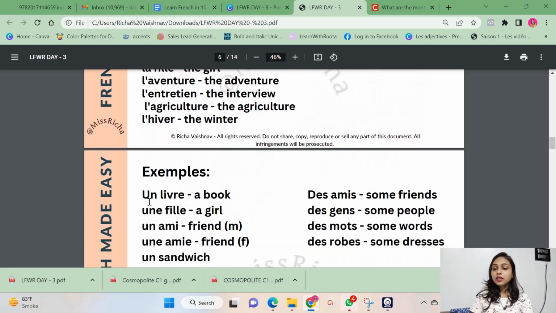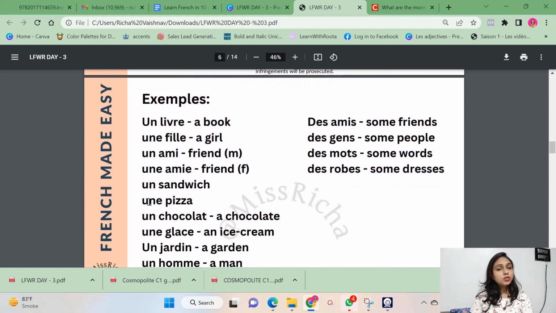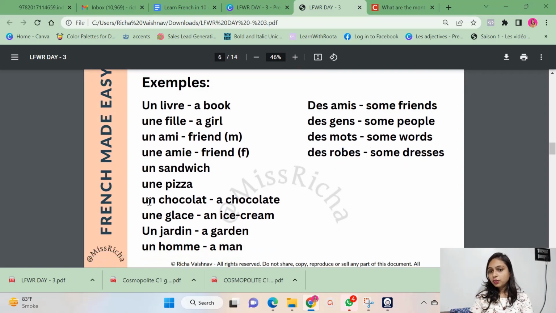Understand? So as a beginner, this is what I also have done. Whenever I used to learn the nouns, I always ensured I learn them with the indefinite articles, just so that I know whether it's une or un. Okay, just to avoid confusion, whether it's une livre or un livre.